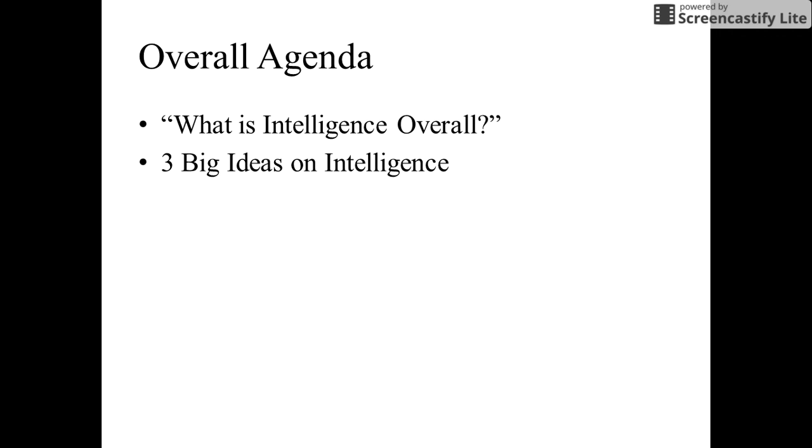The big question that is being asked throughout the whole unit is really, what is intelligence overall? Okay, we'll first start with the first topic: what is the historical idea on intelligence, and what is the more contemporary understanding of intelligence? This will be video 2.